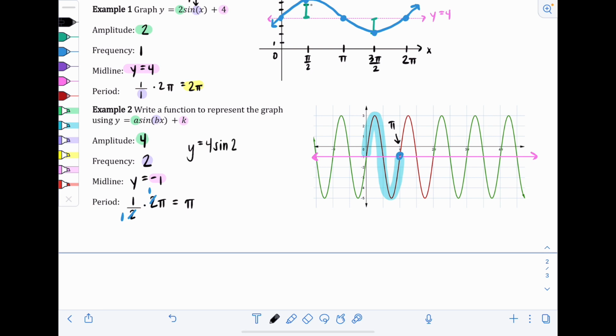B is the frequency, which was 2, so 2x, and then plus k, but the midline is -1, so k is -1. So the a in front, that's the amplitude, the 2 in between the sine and the x is the frequency, and then the midline is that -1 at the end. So y equals 4 sine of 2x - 1.